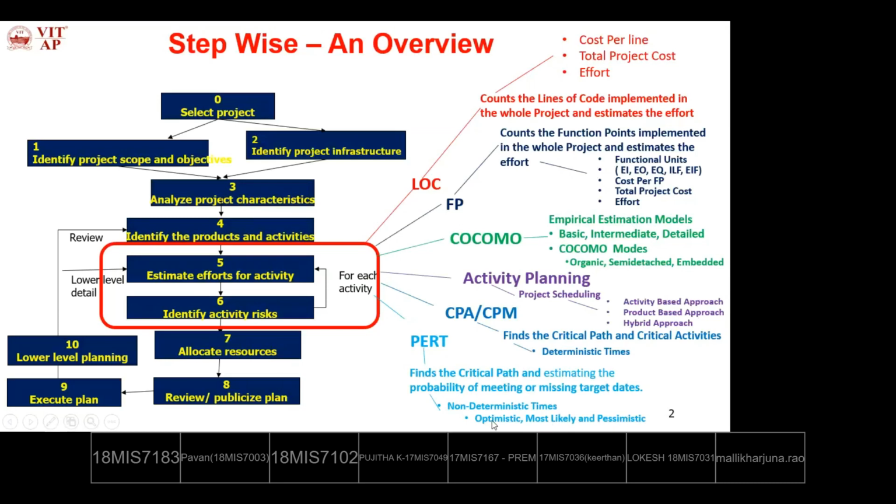Optimistic is the best case to start and finish. Most likely is the average case to start and finish. Pessimistic is the worst case to start and finish the activities or tasks. So these are the various methodologies used to estimate the effort of the whole project.